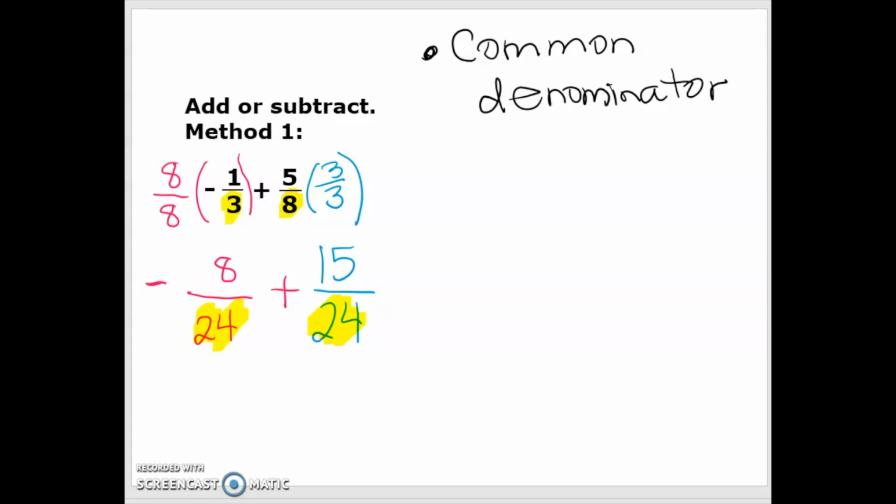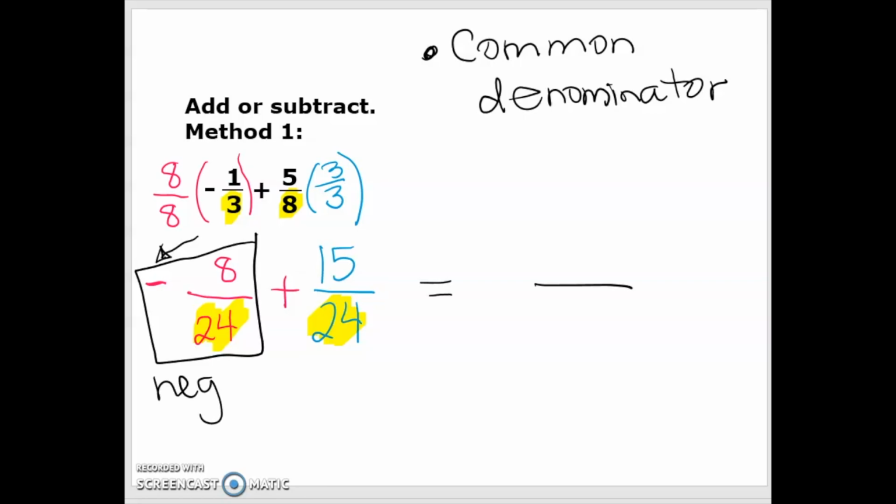Okay, now I get to the actual addition part. Now I wish I could just add them together, but I should see a big red flag, this negative. So now I'm thinking, oh my, I'm going to have to pay attention. So in my first fraction, my pink fraction is negative. My blue fraction is positive.